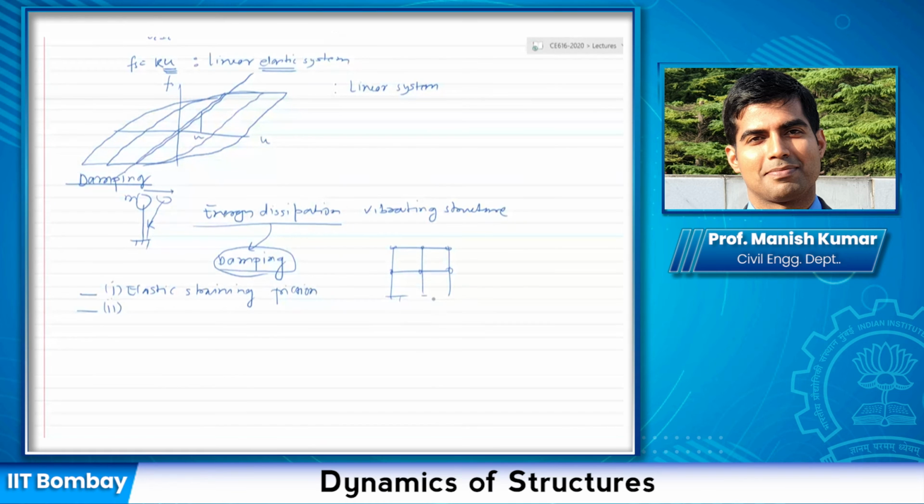When this structure deforms, due to rotation of these joints and the friction at the joints, overall, whether I consider a single degree of freedom representation or a multi-degree of freedom representation, to represent the energy dissipation at these joints I again have to consider damping. So the other one is joints and connections.